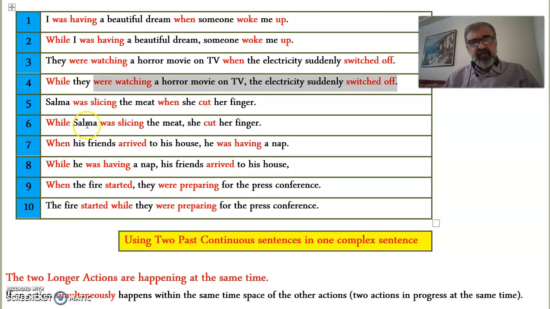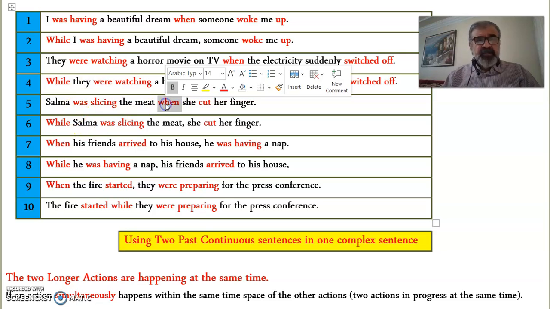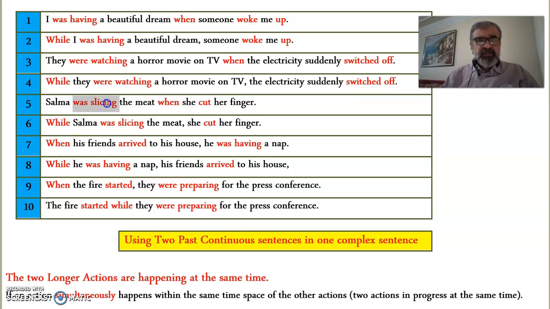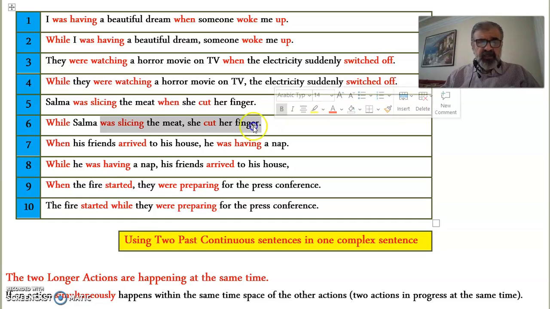Now, 5 and 6. When is preceded by the longer action, was slicing the meat, past continuous, followed by the shorter action, cut, past simple. While in initial position, followed by the past continuous, which is the longer action, action 1, then action 2, verb 2, shorter action.